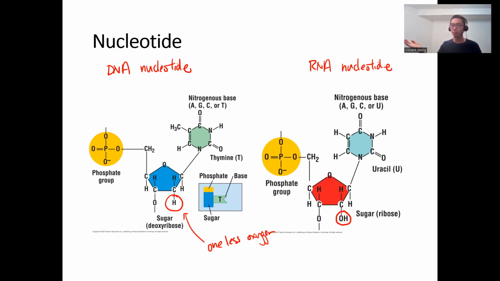Our blueprint of life is just 4 letters: A, G, C, or T. I'll show you what they stand for in the next one. For RNA, it's very similar. It's also A, G, and C, but it does not have the T. It has the uracil instead, the U. So that's the difference.